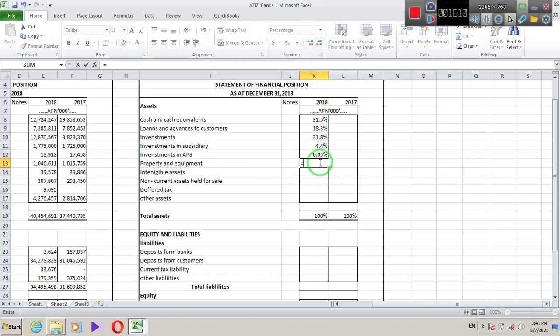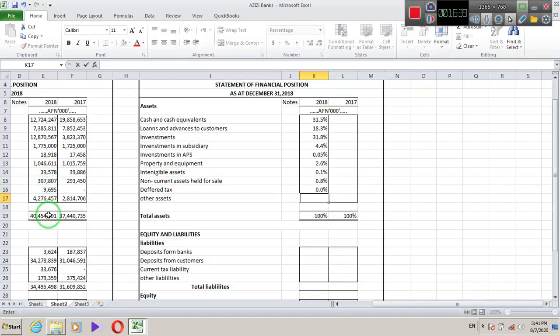Property and equipment will be equal to, the percentage of this will be higher, not that much higher. Intangible asset will also be equal to 0.1% of the total asset. Non-current asset held for sale 0.8%. Deferred tax to total asset 0.0%.